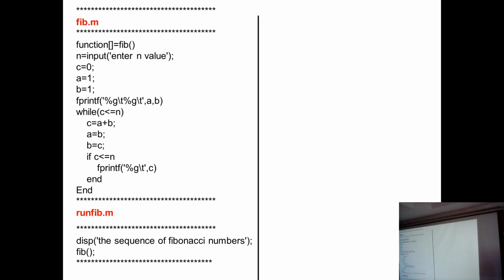And I am trying to read n. Input: enter the n value, meaning how many Fibonacci numbers I want to print. So I will use input. So n will be my number. Say I want to print Fibonacci numbers till 100. So n will be 100. So this is the logic.